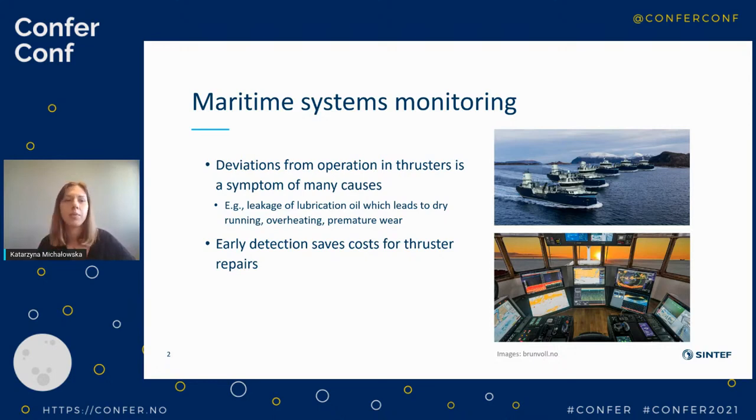We hope that by looking at how the thrusters operate, we will be able to see some symptoms of something wrong happening inside of it. We want to have an early detection algorithm to not have these costs in the future.